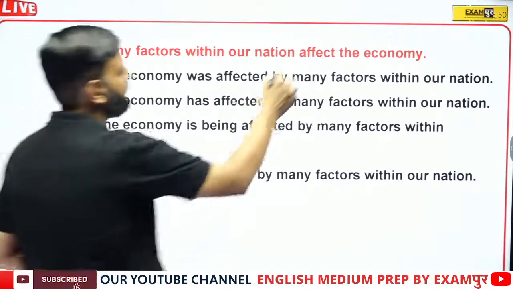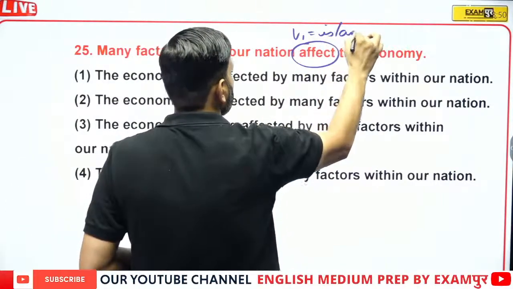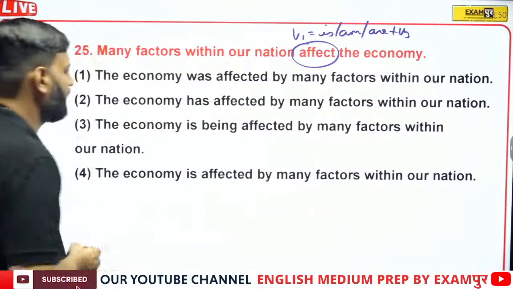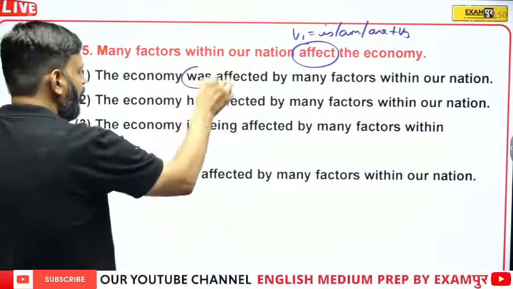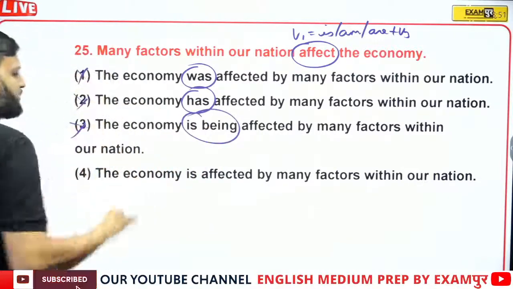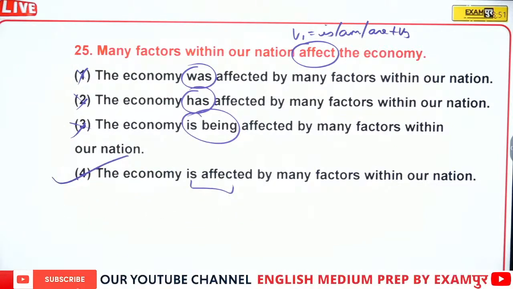See, here we have first form of verb, affect. It means is, am, are plus V3 is required. So here we have was, has, is being. Eliminate all three options. Only option number 4 has is affected. It is the right answer.